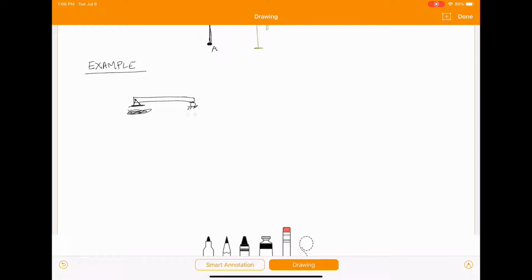And what that means is when there's a pinned connection, it means that the beam can't move in the x or y direction. When there's a roller, like over here, the beam is free to move in the x direction, but it can't move in the y direction.